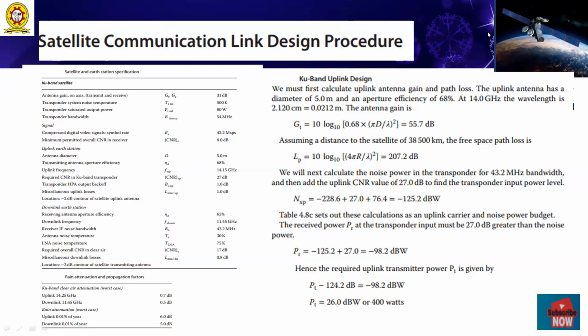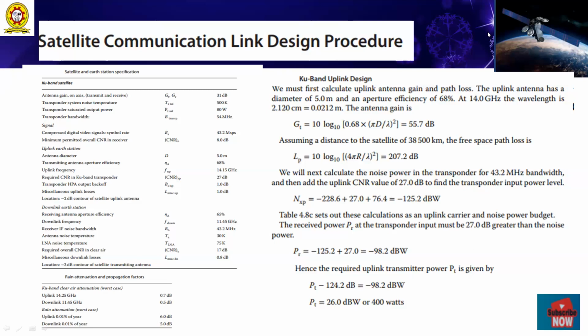Similarly, efficiency 68%, uplink frequency 14 gigahertz, transponder 27 dB, uplink noise 1 dB, receiver aperture efficiency 65%, downlink frequency 11 gigahertz, antenna noise temperature 30 Kelvin, LNA noise temperature 75 K, required CNR 17 dB. Downlink losses 0.8 dB.